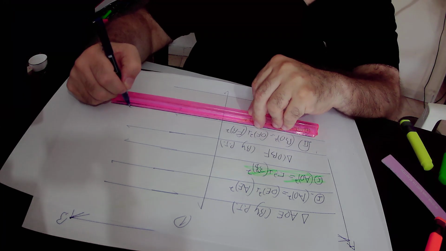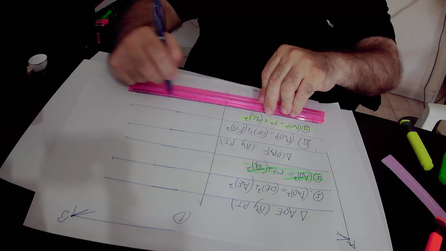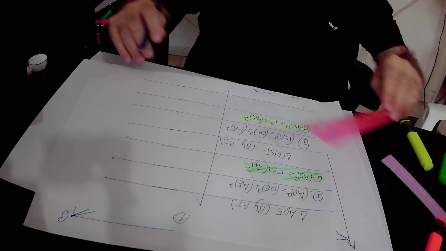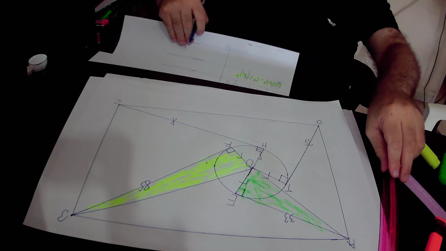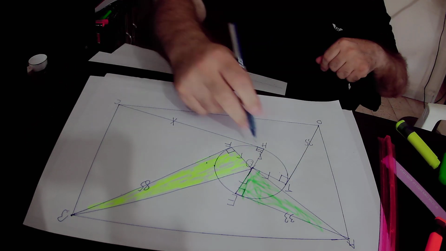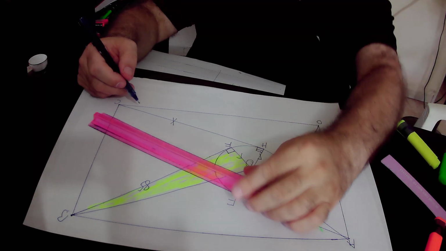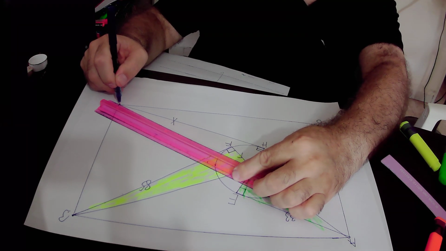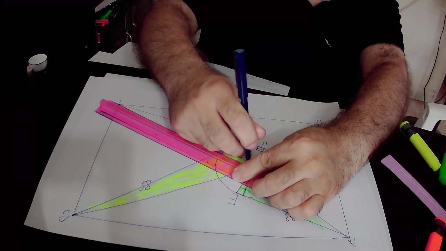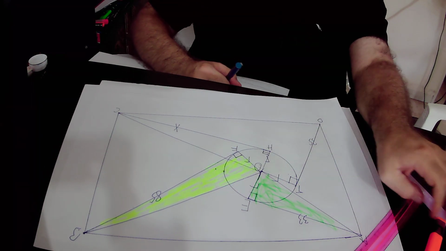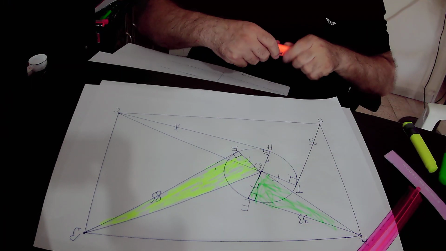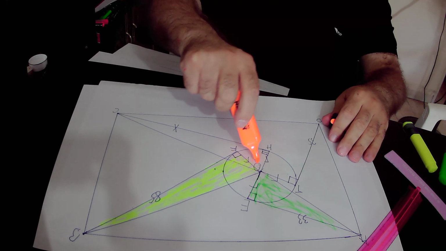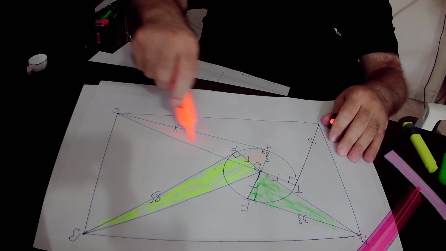In the next step, we will join point C and O together by a straight line. And we will implement the Pythagoras theorem on the right orange triangle, triangle OHC.